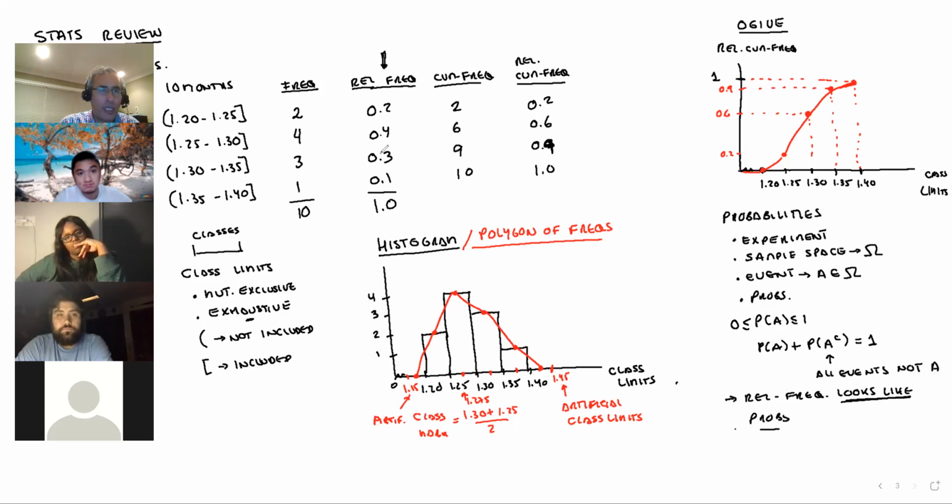We can be really confident about these numbers representing probabilities if and only if the sample size is big. If the sample size is large, I will write tens to the infinite, so it's a very large number, then relative frequencies can be equivalent to probabilities.